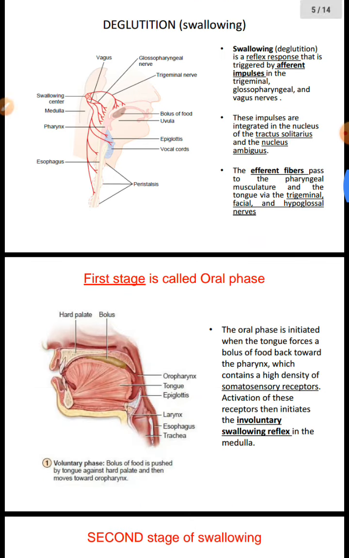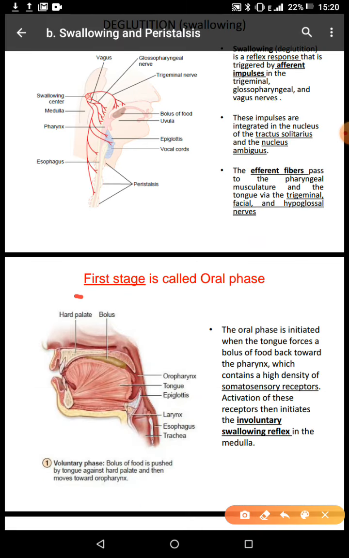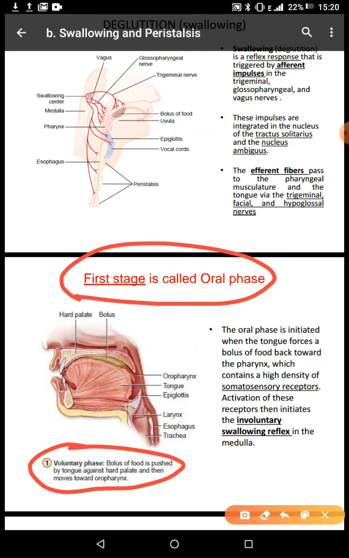Now let's just quickly look at what really happens in the first stage of swallowing. The first stage of swallowing, as the name suggests, is oral. It means the food is in the mouth. So the bolus of the food is pushed by the tongue against the hard palate and then moved towards the oropharynx.